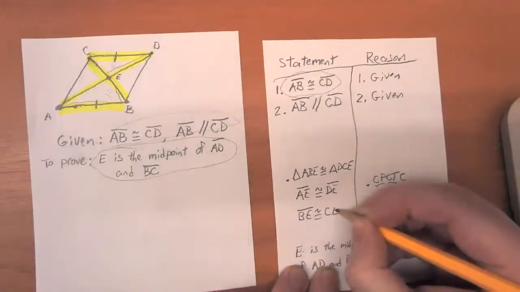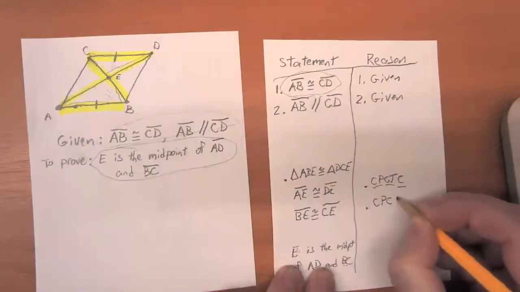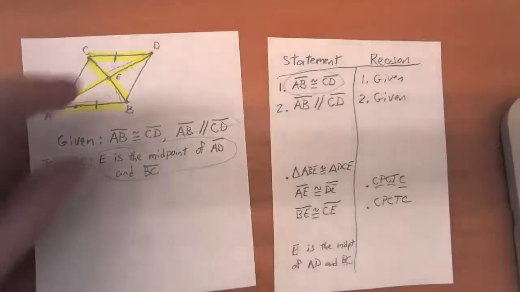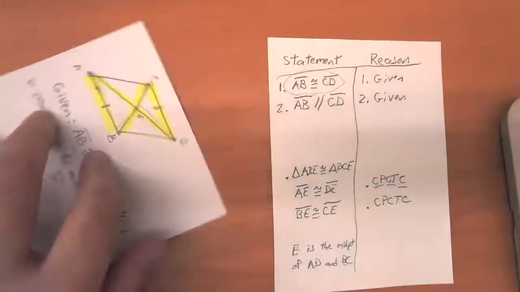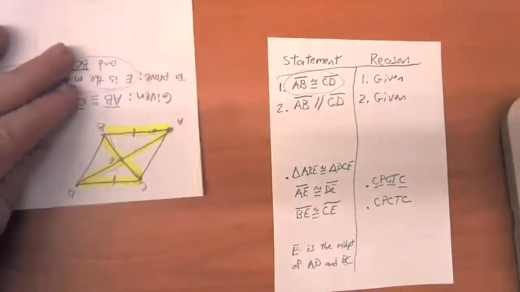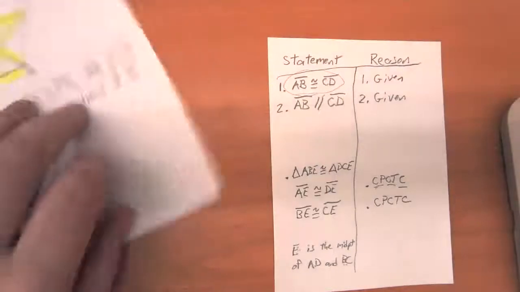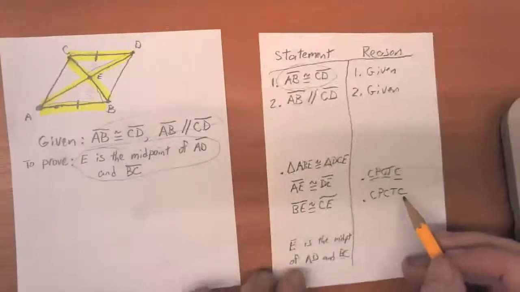BE is congruent to CE. Once again, that's also going to be because of CPCTC. All right, so when I prove that these two triangles are the same size and the same shape because of that 180-degree rotation around the center, those two diagonal lines line up with each other, that means they have to be congruent.